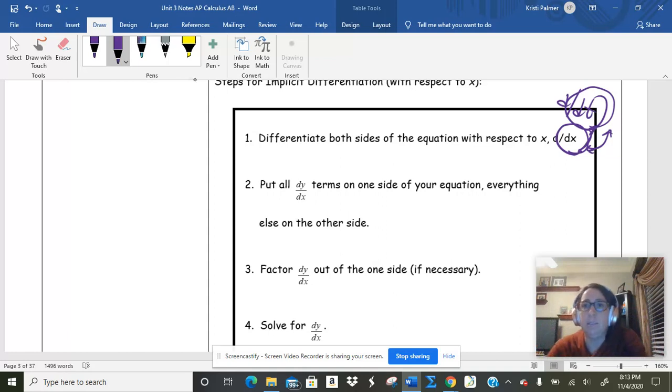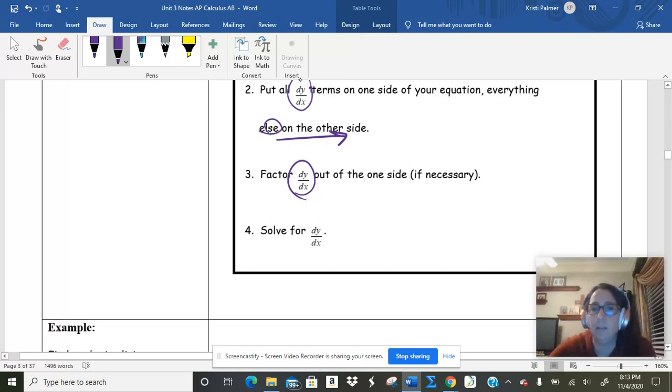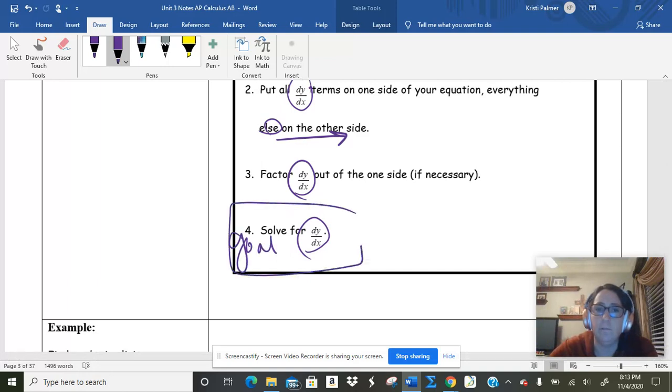Then you're going to take all the dy terms and put them on one side of the equation, and then everything else, put them on the other side of the equation. And then factor out the dy dx, and then usually divide or something, and solve for that dy dx. That's the goal. My goal is to solve for dy dx, okay?